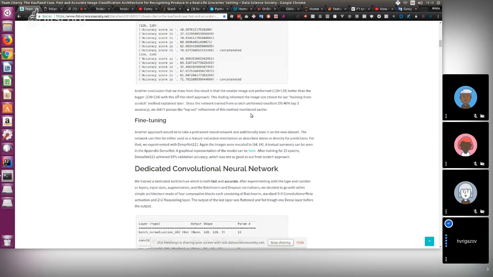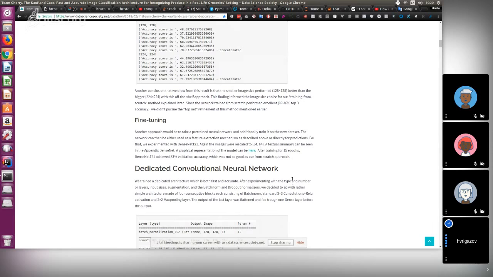After training for 15 epochs, as we've written here, it had a reasonable accuracy at 3%. That's top one, not top three. I don't remember the top three actually, but as I said, we already found our final model.